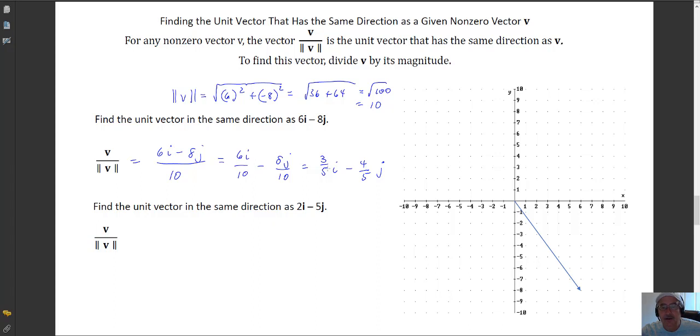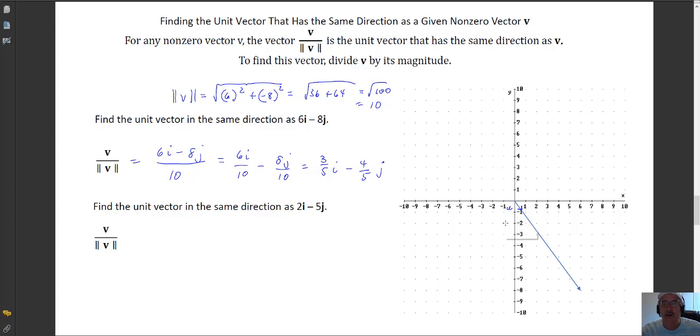And on a unit vector, if you take the square of the x component and add the square of the y component, it will always equal 1, being unit is 1 long. So if we went to graph this, if we went over 3/5 and down negative 4/5, you could see that unit vector would be right here. So that would be the vector 1 long in that same direction.